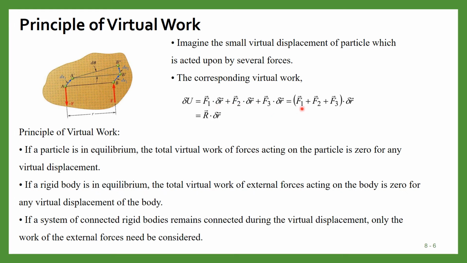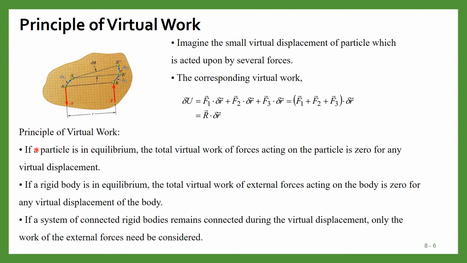Now we can write this expression by taking delta r common: the work will be (F1 plus F2 plus F3) dot delta r, and writing the resultant, the work will be R dot delta r.